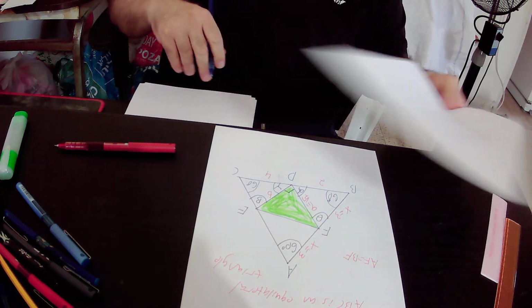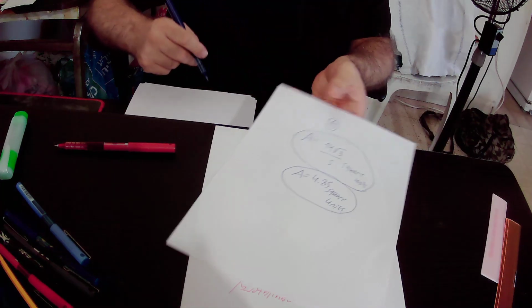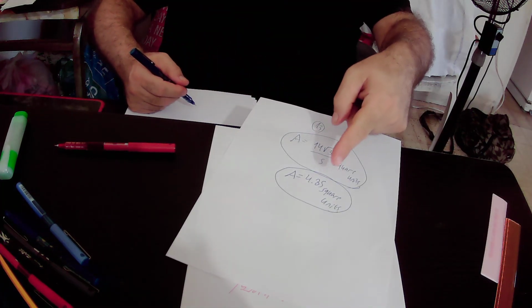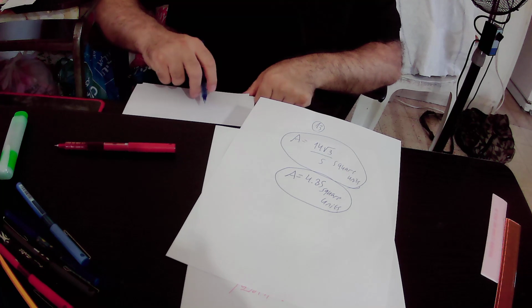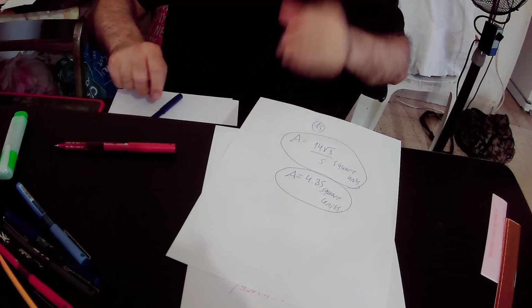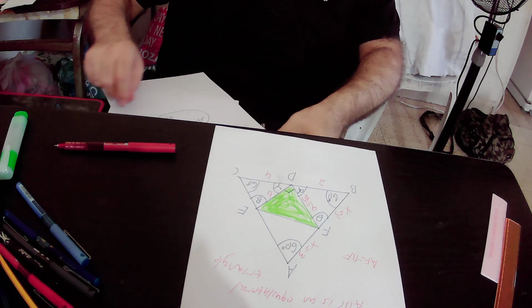Okay, so the area of the green triangle equals 4.85 square units. That is the answer to the question. Now I will summarize the lecture.